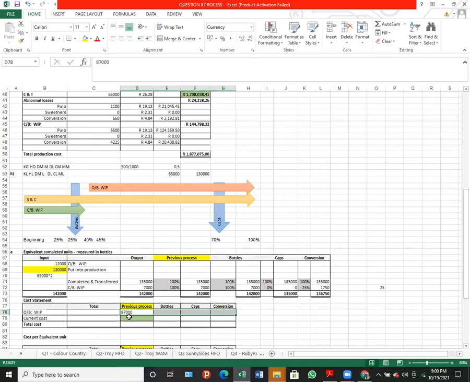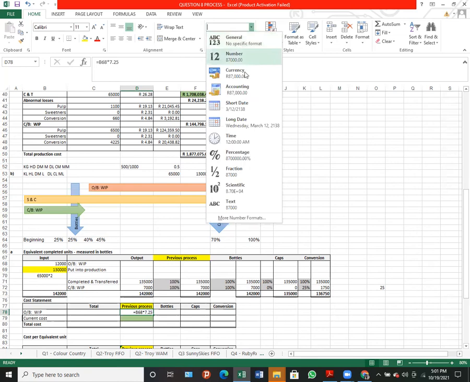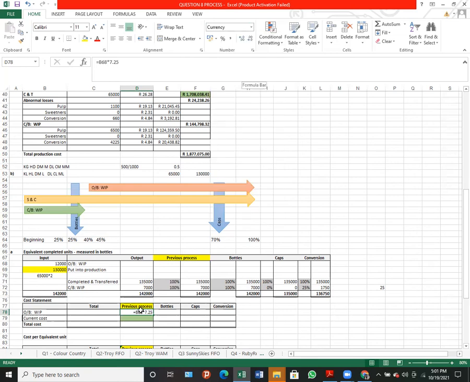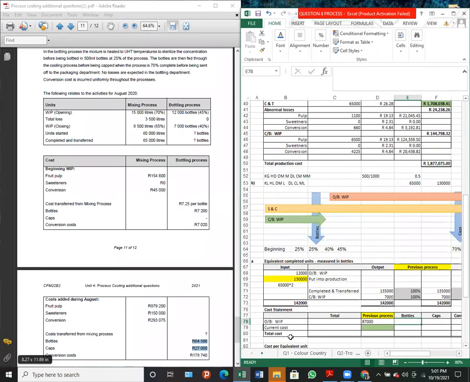In currency. Let me try again. This times 7. Let me type in, guys. 87,000, eh? Is in currency, ne? And then here, guys, for bottle, how much? 27,000, ne?